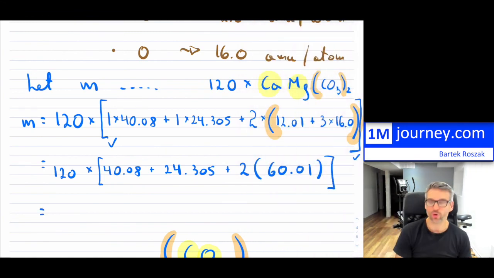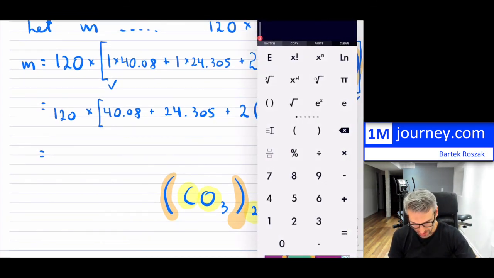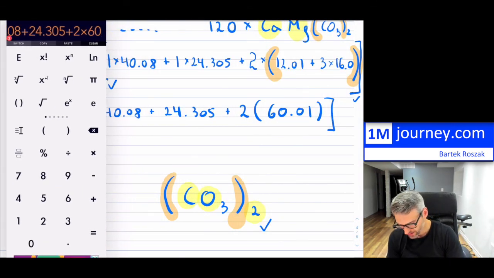And now we can go ahead and compute this entire thing if we want to. So 120 multiplied by, I'm going to open the bracket and say 40.08 plus 24.305 plus 2 times what we had in the bracket, which was 60.01. Close my bracket entirely, and there we have it.